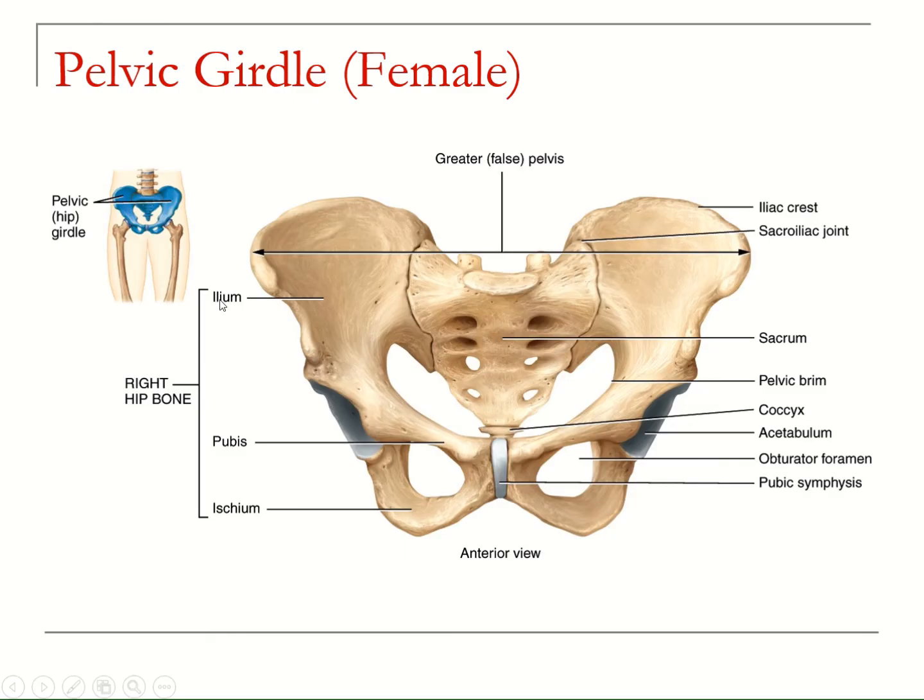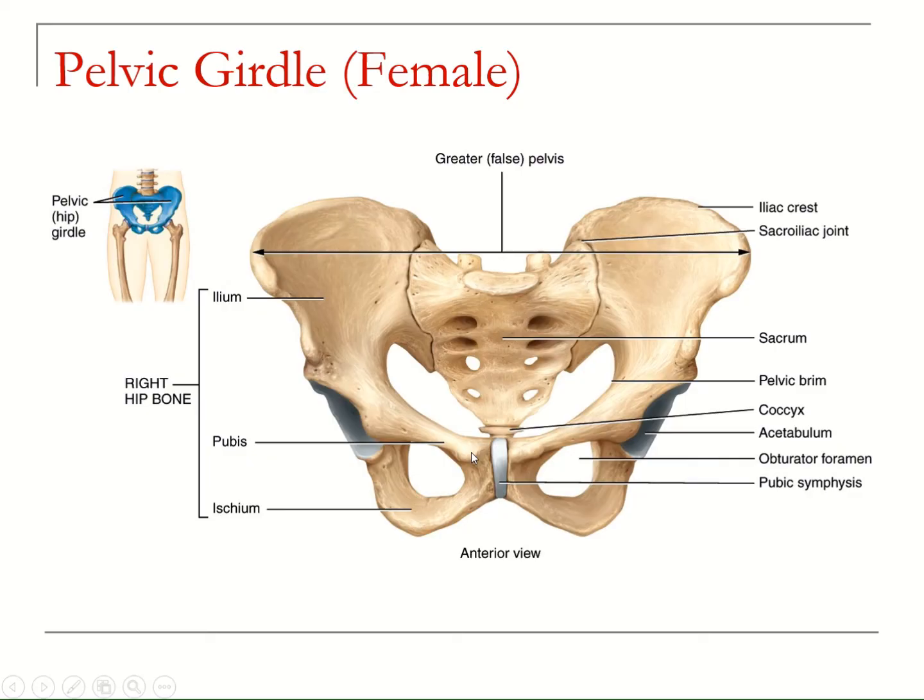I said letter I because once you change this into E, it will become a structure found in your small intestine. So ilium with the letter I. Again, 1 hip bone is made up of 3 bones: ilium, pubis, and your ischium.